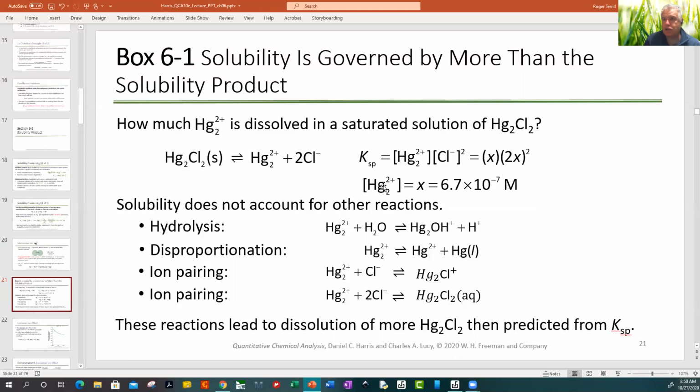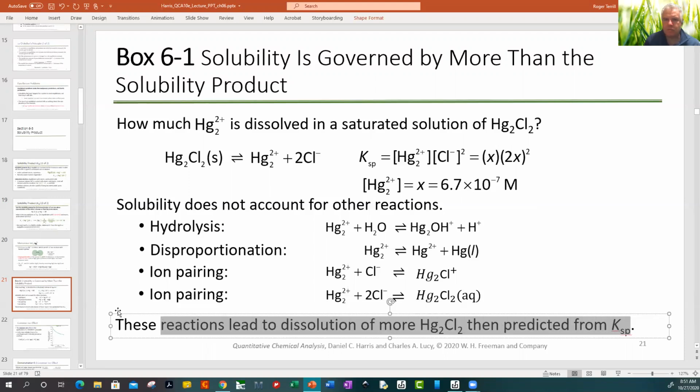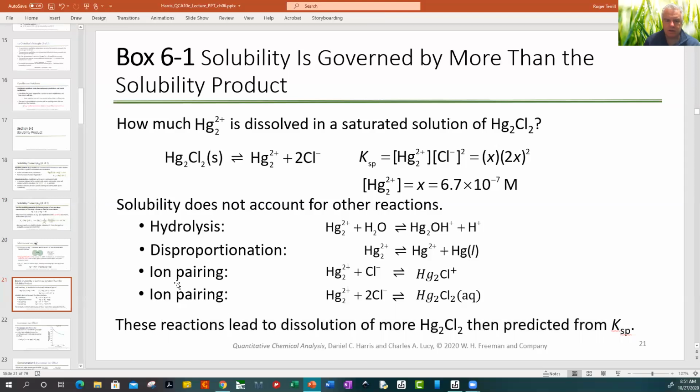But if you just look at Hg2 2+, it will actually be equal to this value because the Ksp expression is true, right? So it's just that there will be more different species of Hg in solution, right? So more of this stuff dissolves, more than you would predict from Ksp, because there's other reactions taking place.